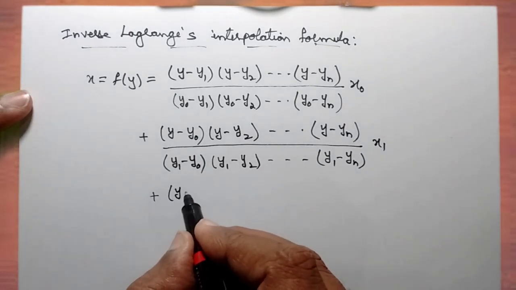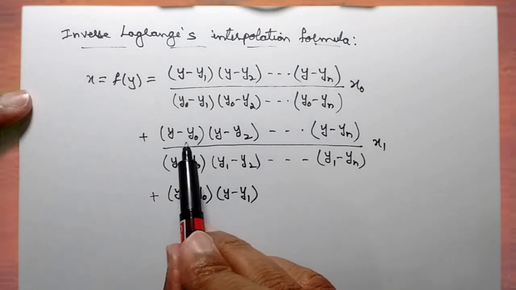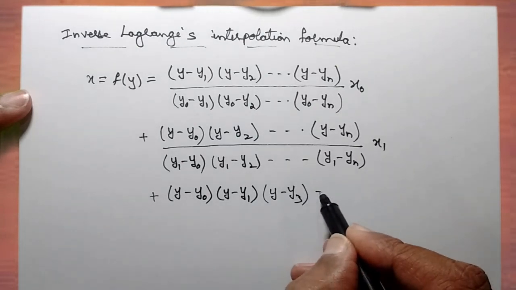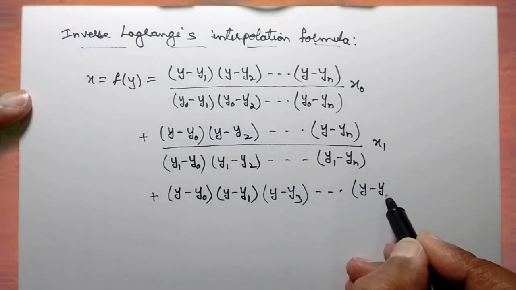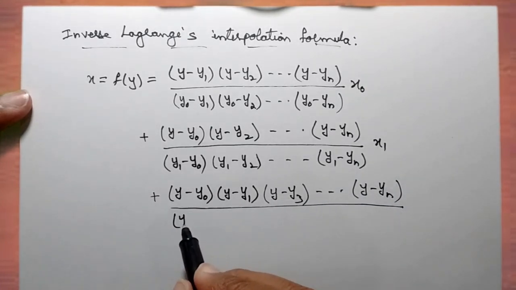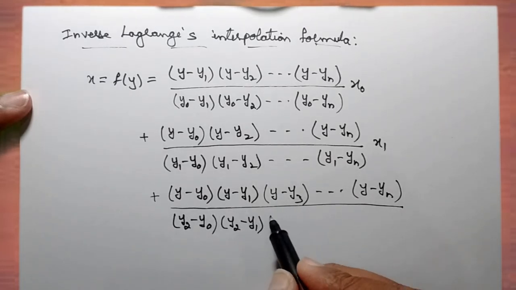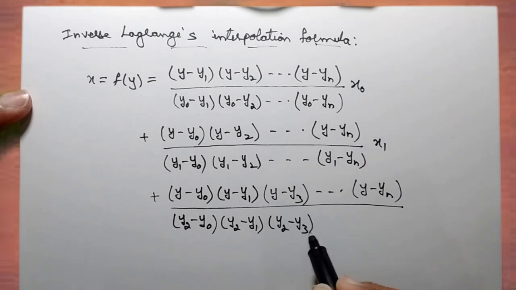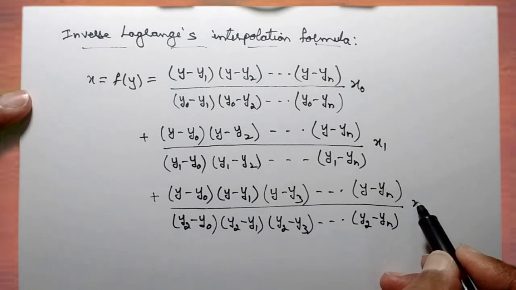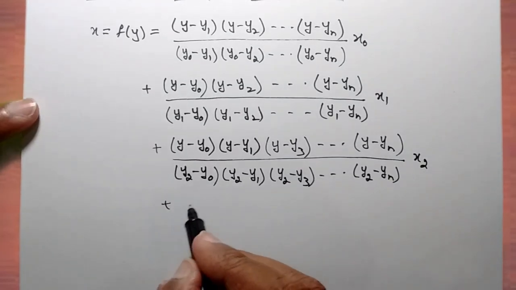Then again, y minus y0, y minus y1. In the previous term y1 was missing; here y2 will be missing. So y minus y3 and so on, y minus yn, whole divided by. Because y2 is missing, in place of y you have to write y2: y2 minus y0, y2 minus y1, y2 minus y3, and so on, y2 minus yn. The corresponding value of x will be x2. In that way, you have to just go on continuing writing it.